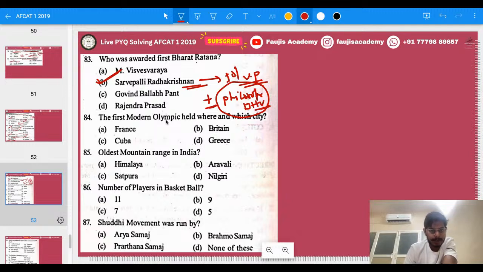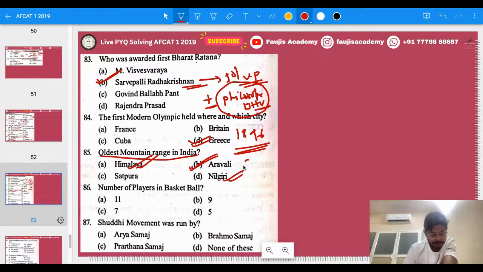All right. The first modern Olympics, 84. It was played in Greece, in 1896, guys. The oldest mountain ranges in India. Himalayas are new phenomena. Nilgiris are relatively new phenomena. The oldest are the Aravali ranges.